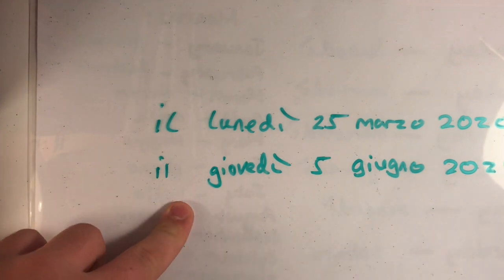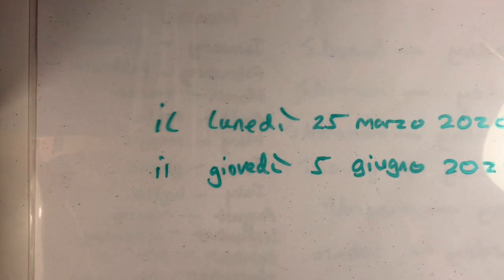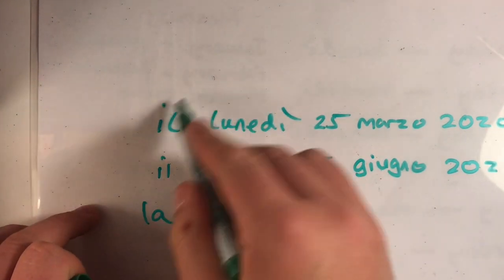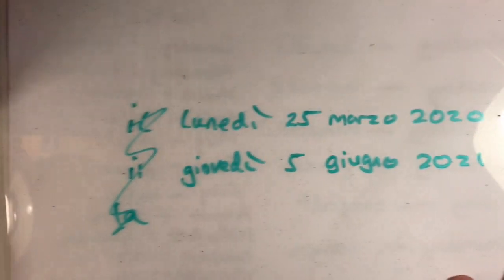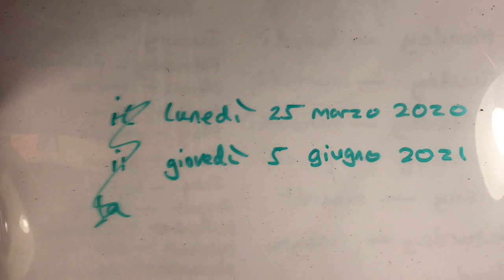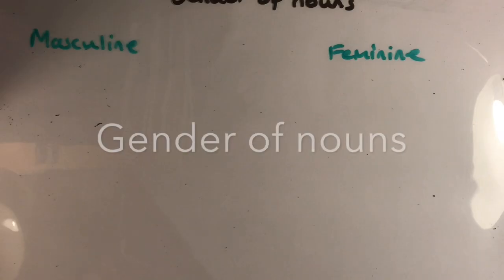So il giovedì, or lunedì, martedì, mercoledì, giovedì, venerdì, sabato, or domenica. Domenica would be la, but we don't really need to have these at the present moment. We can just write this, and that would be accepted. These are just some random dates, so why don't you go ahead and try writing the date of the day that you're watching this video, and I will be able to correct it if you put it in the comments.